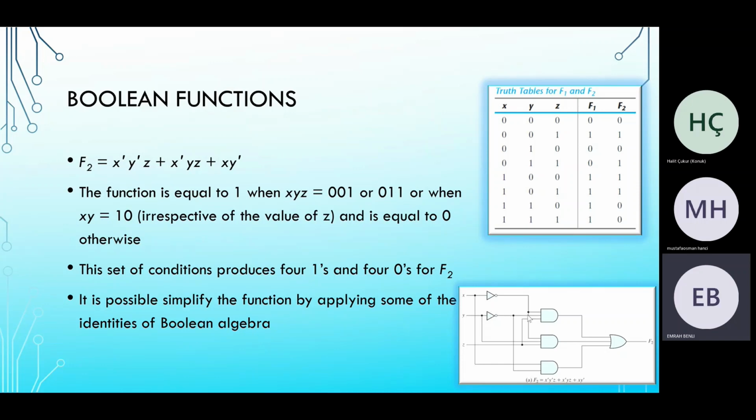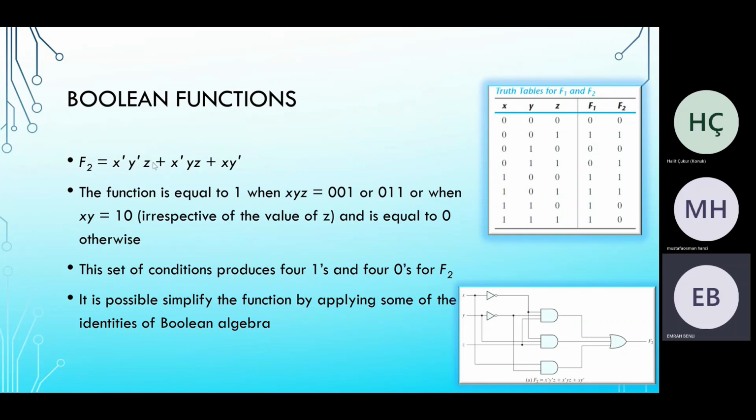Y prime, y, after here, y prime comes here, and what else? Z comes here. So x prime, y prime, z in the AND operator, which is this first term. And it goes to the OR operator here.